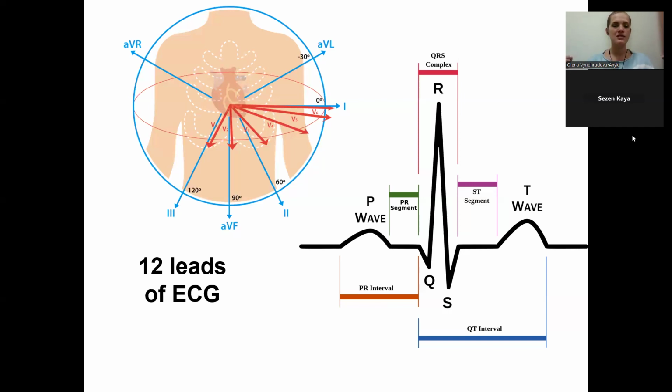So my main point is that ECG is an analysis which shows us the electrical process in the heart. First of all, according to the ECG, we can understand if everything is fine with our conductive system and, if not, where exactly the problem is.